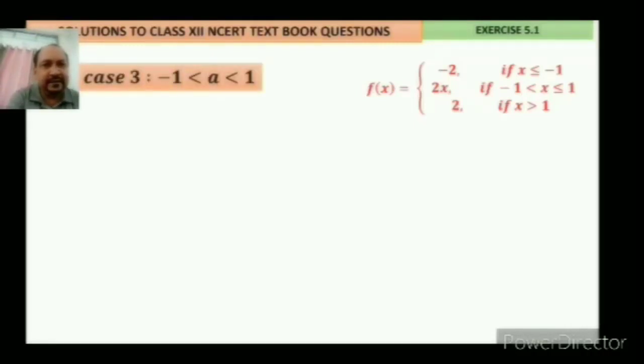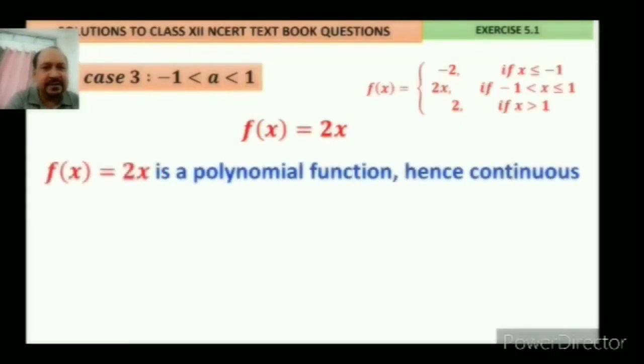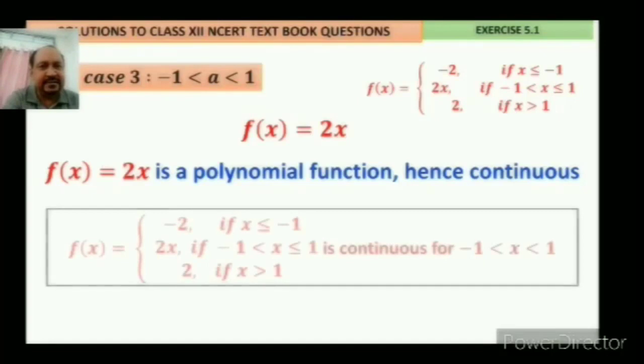For case 3, when a is greater than minus 1 and less than 1, the value of the function is f of x equal to 2x. f of x equal to 2x is a polynomial function, hence it is continuous.